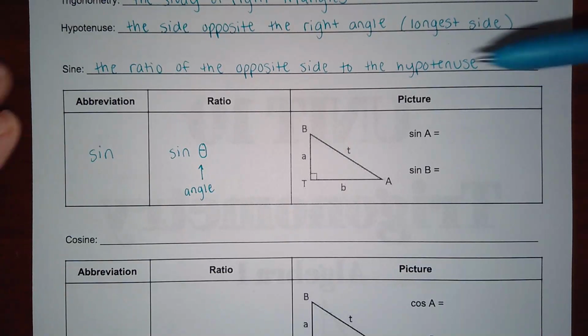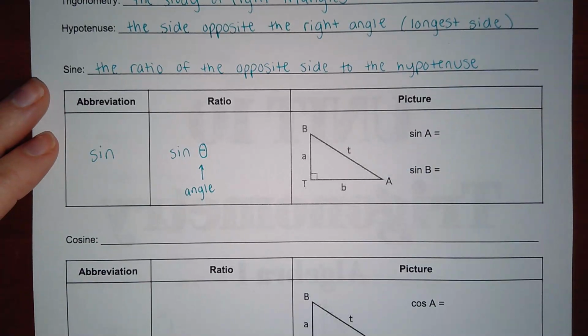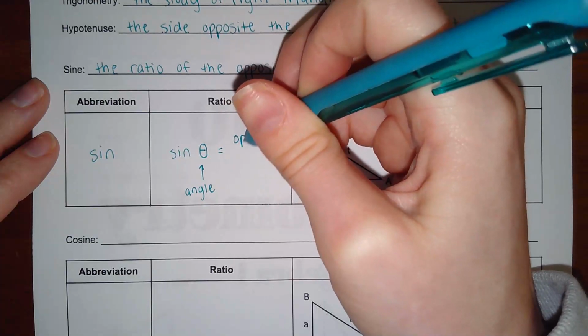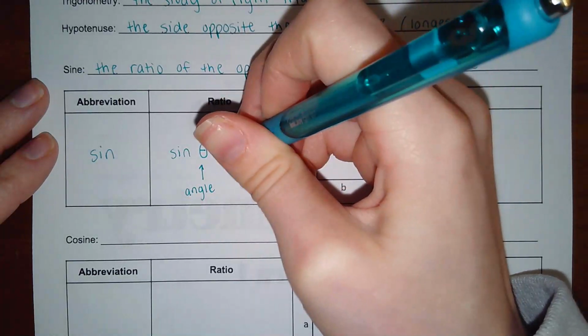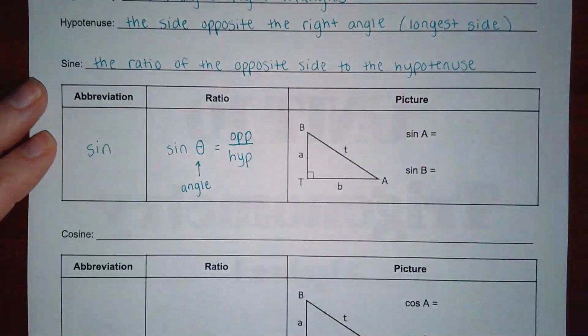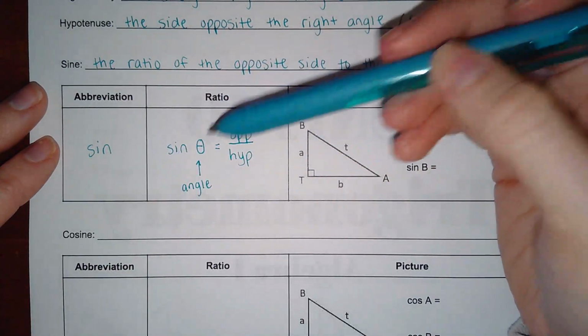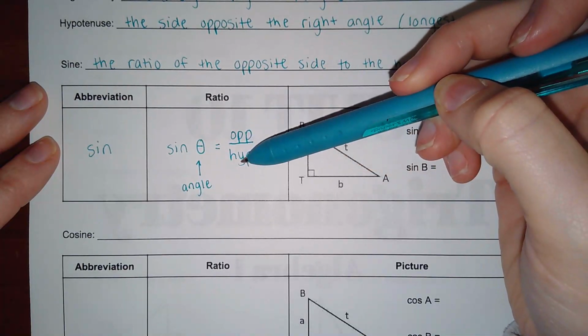One of the angles in our right triangle is going to be that angle that we're looking at. And the sine of the angle is equal to the opposite side, I'm just going to abbreviate OPP, over the hypotenuse, and I'm going to abbreviate HYP. So this equation will be really important. The sine of the angle is equal to the opposite side over the hypotenuse.